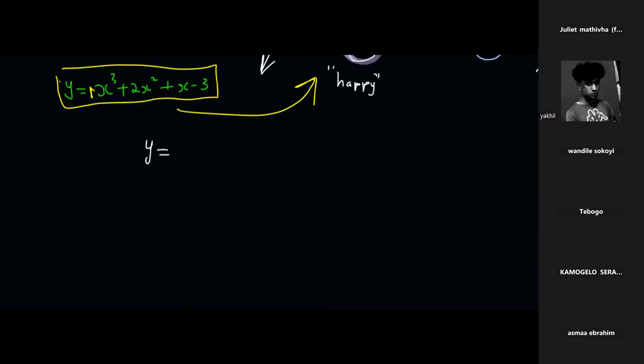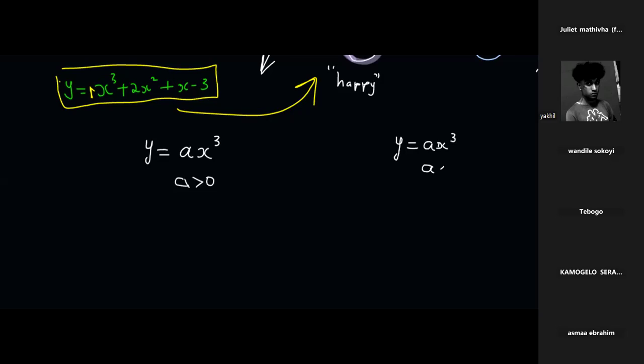Even here, the graph can be y is equal to ax cubed. In this case, the value of a here is greater than 0. In this case here, the value of a is less than 0. Look at how I wrote my equation. A typical example, let me make a straightforward one. y is equal to x cubed.